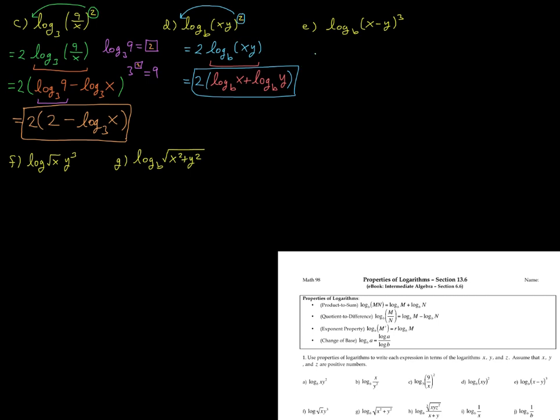All right. Part E, log base b of the quantity x minus y cubed. Well, got this exponent, so I can use that exponent property to bring it out in front. So I'm going to get this.